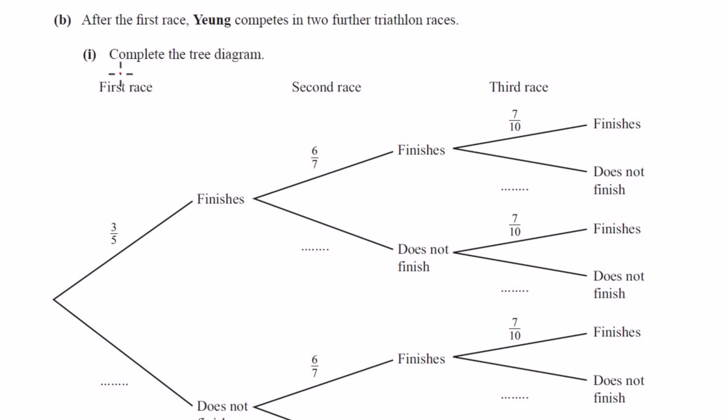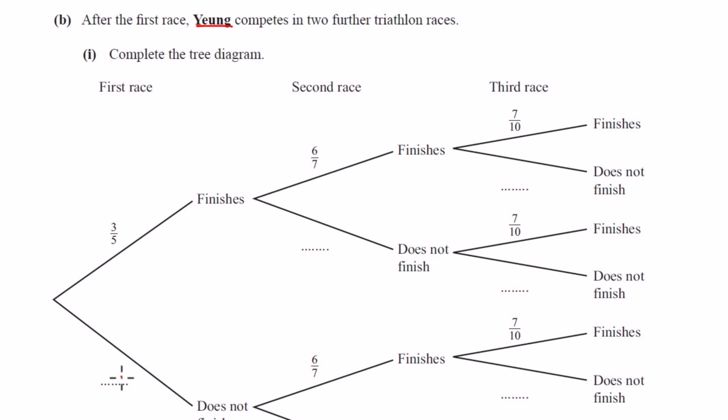This next question is still following from what we did earlier, but now we have two more races. So there are a total of 3 races to be completed by Young. The first race was the one we discussed earlier. In the second race and in the third race, we have the probability of 6 over 7 and 7 over 10 respectively.